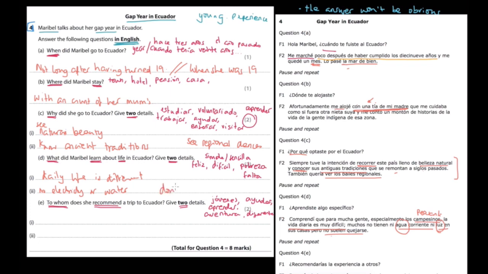So, this could be a possible third answer. So, daily life is difficult, there's no electricity or water, and they don't complain. And notice, you might want to say, okay, for the peasants, daily life is difficult, but it's not essential that you mention the peasants. Okay, so notice often when they ask for 2 details, there might be more than 2 available.